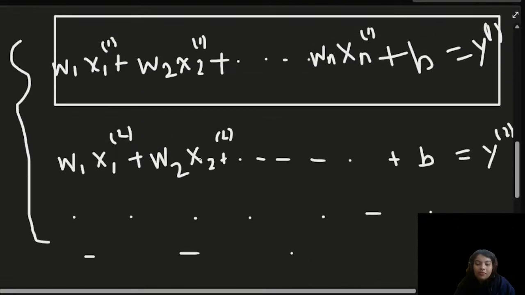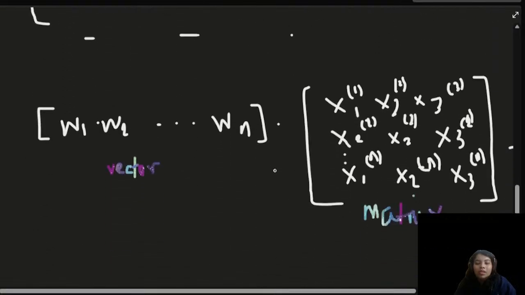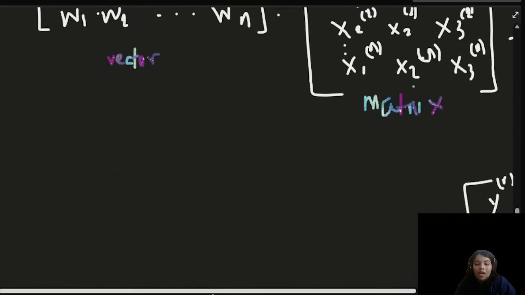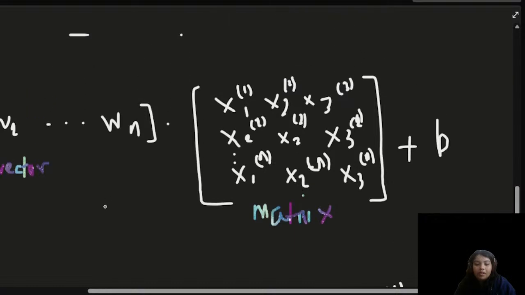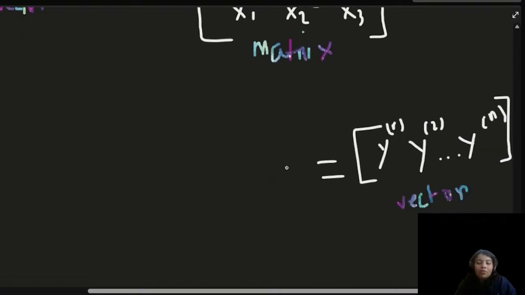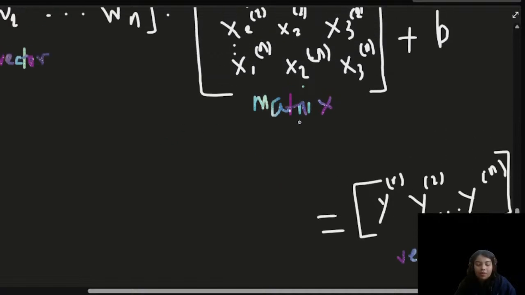But there is a very simple way to interpret this complex system in the form of a matrix and vector product. We can simply multiply, add the bias cell, and get our output. This is a much simpler way.